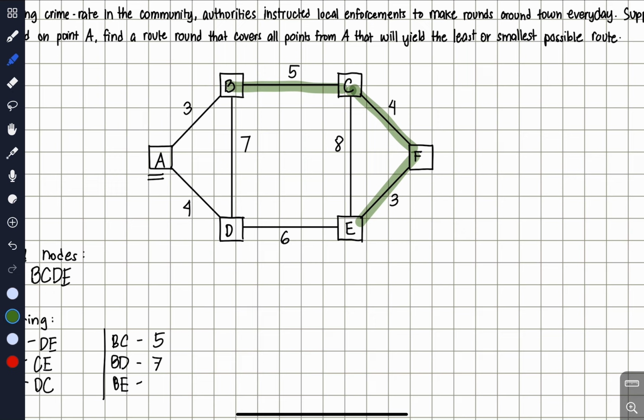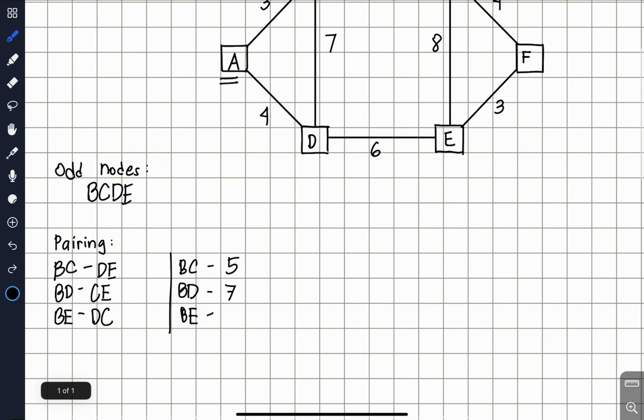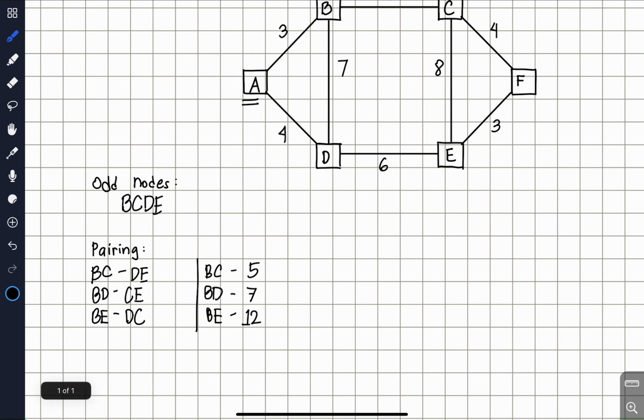So it is much shorter than the one we came up with initially. So we'll consider 12 as the shortest distance from B to E.